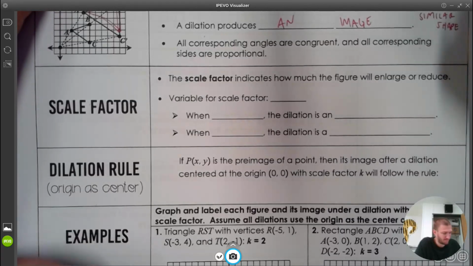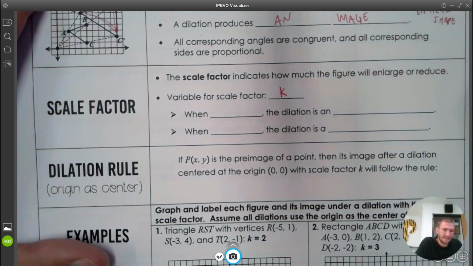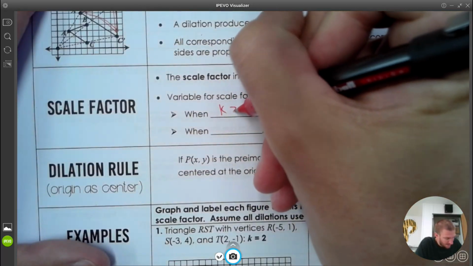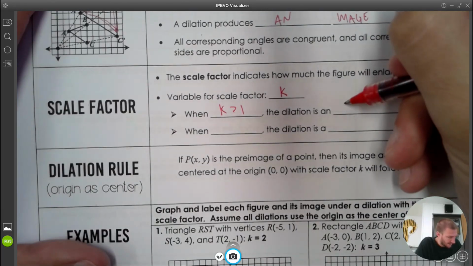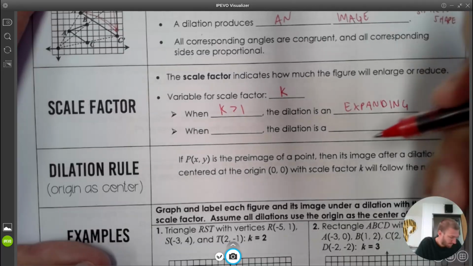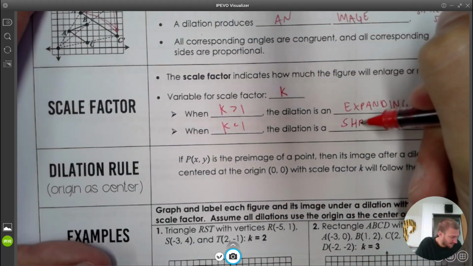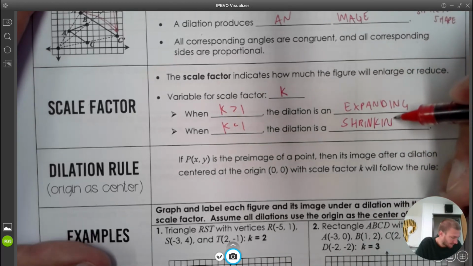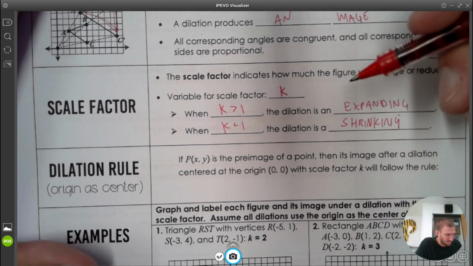Scale factor. A scale factor is sometimes written as the variable k. When k is greater than 1, the dilation is expanding. When k is less than 1, the dilation is shrinking. Now, this might sound really complicated.